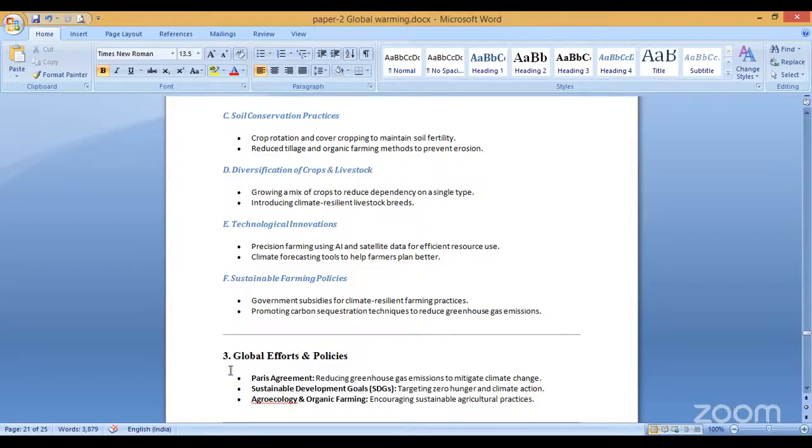Technological innovations: precision farming using AI and satellite data for effective resource use, and climate forecasting tools to help the farmers plan better.